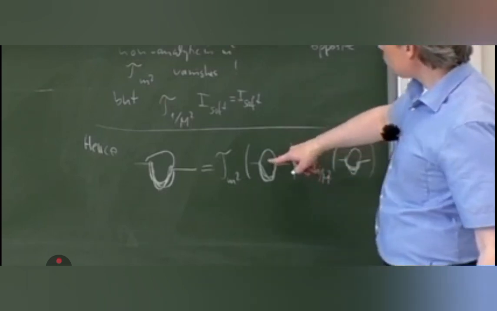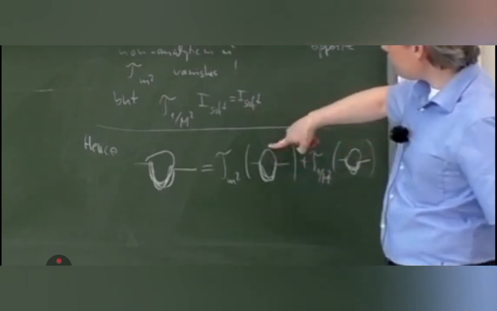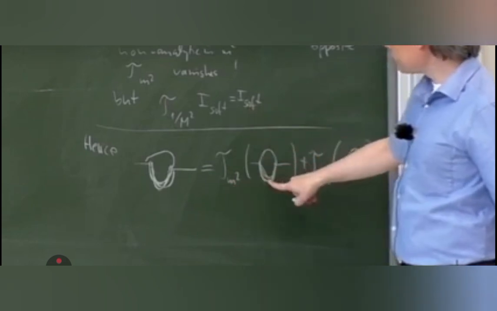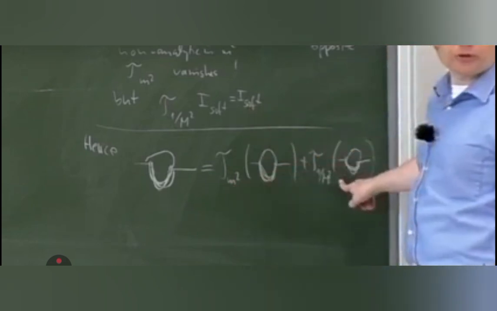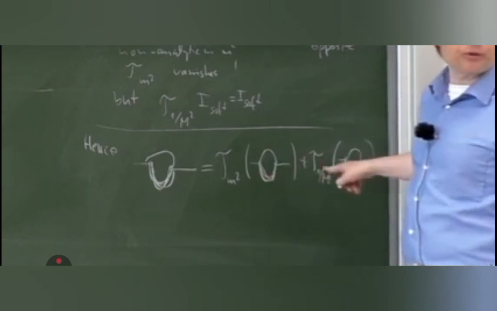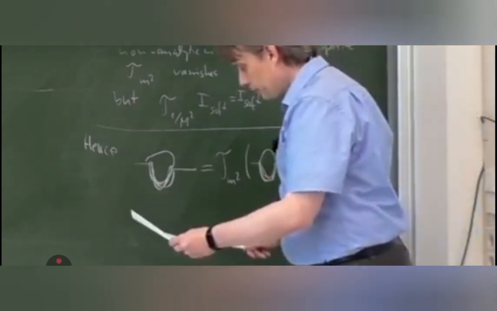And then each time that is actually a sum soft plus hard. It maps the soft part to 0, the hard part to itself. This maps the hard part to 0 and the soft part to itself, and in the end the sum is equal to the left hand side.